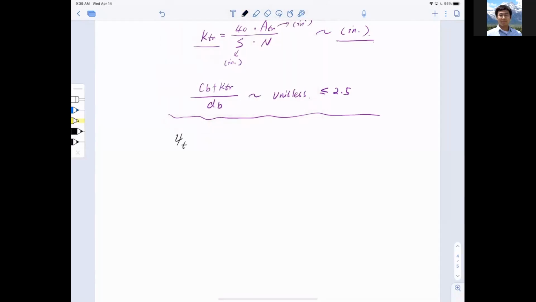Psi t is what we call the bar location factor. Now what does it mean?